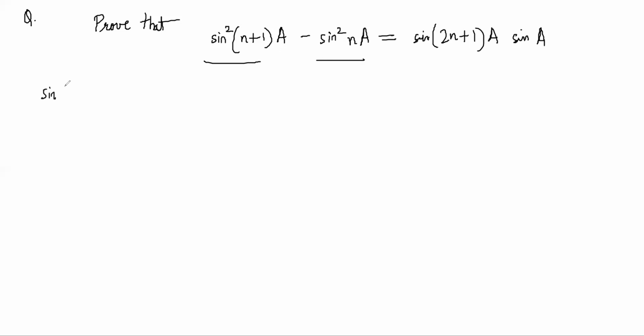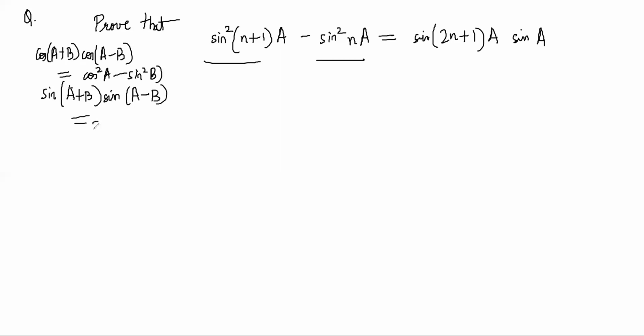What is the identity that you had forgotten in the last question? The cos(A plus B) into cos(A minus B) is cos square A minus sine square B, and sine of (A plus B) into sine of (A minus B) is sine square A minus sine square B.